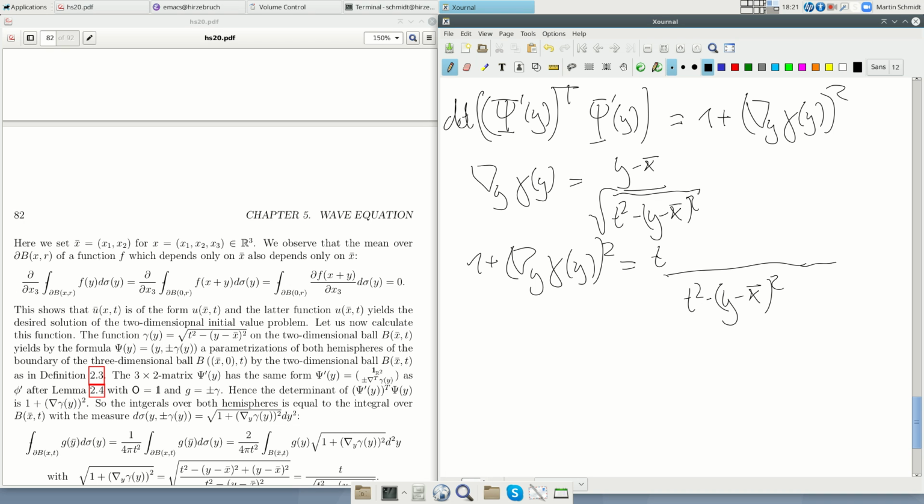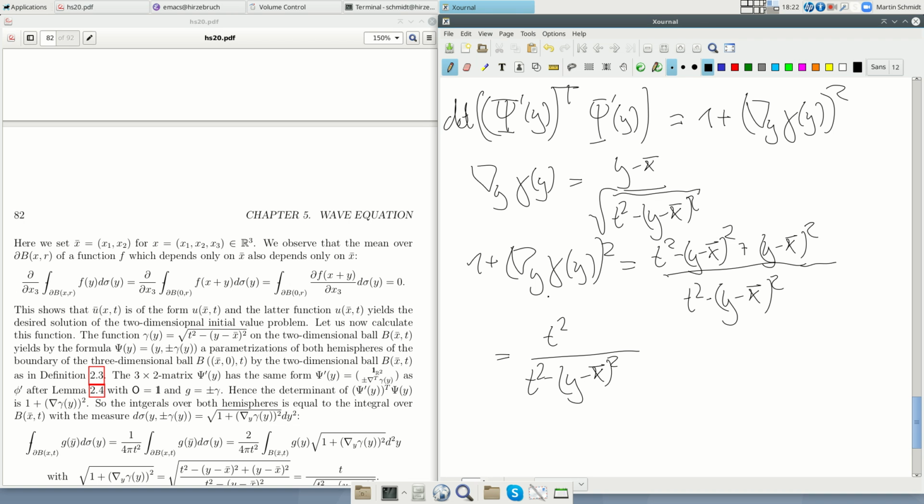For the 1, we have t squared minus y minus x bar squared, plus y minus x bar squared. You see, this cancels, and we obtain t squared over t squared minus y minus x bar squared.